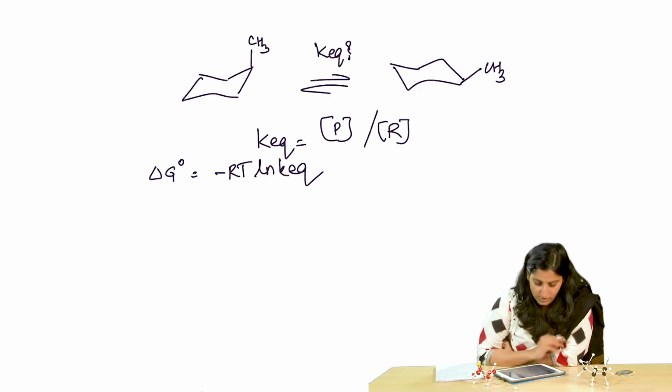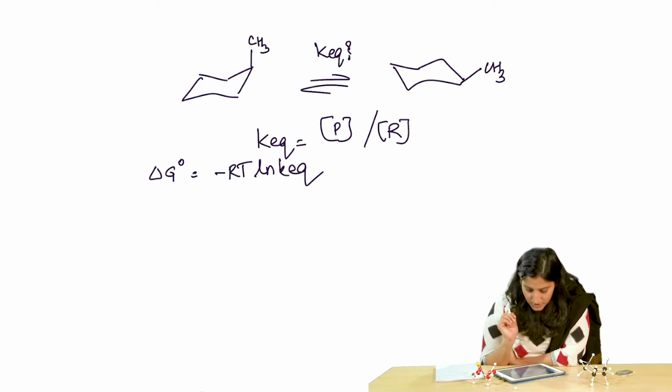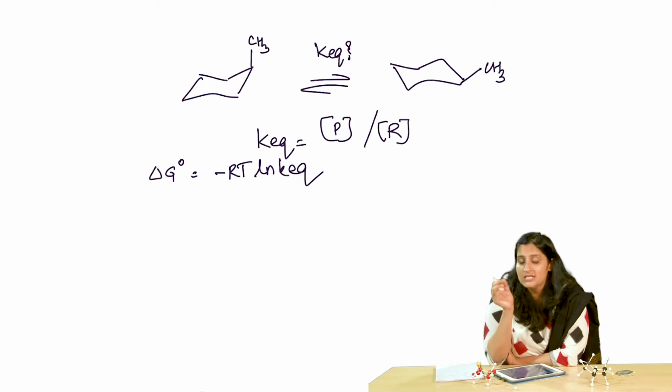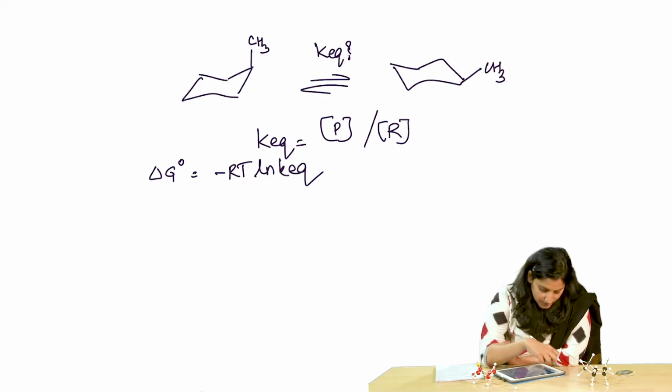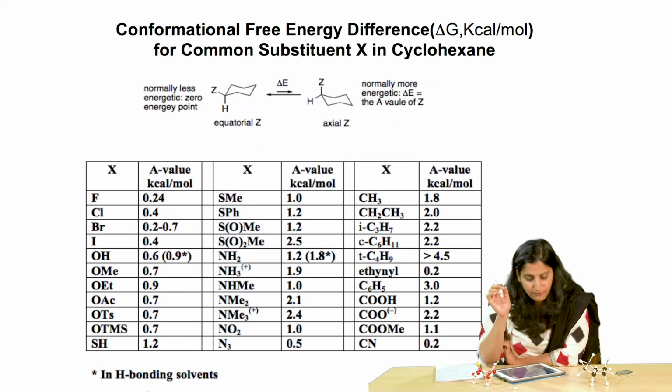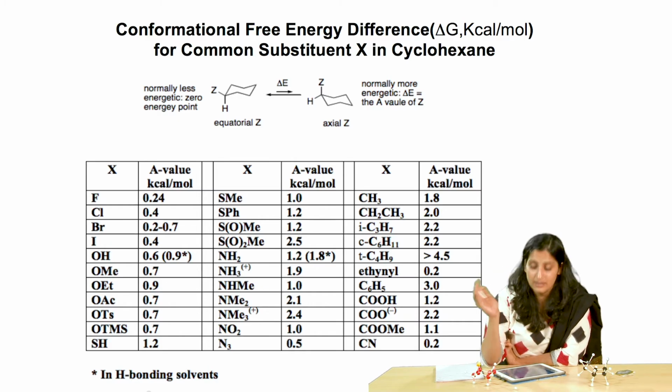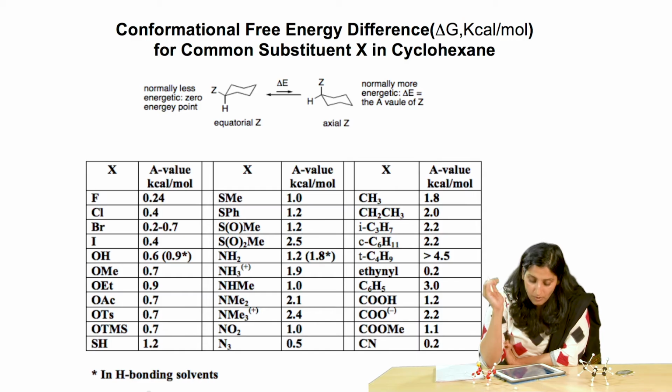Right, in order to do that, I would like to assume that the temperature is at room temperature, and the delta G0 value here we have to look up in a table. This particular table is called the table for the A value, which basically tells you as we go from axial to equatorial, what is the delta G0, or how much is the free energy difference between the axial and the equatorial forms of that particular substituted cyclohexane.